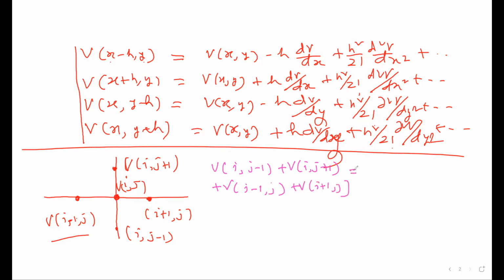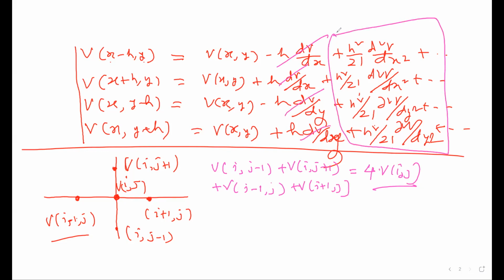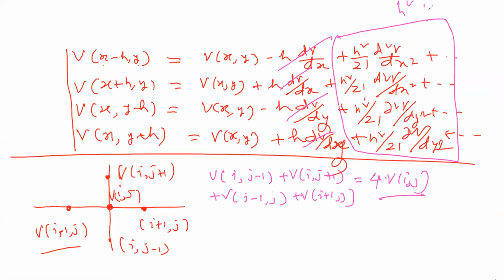That will be equal to what? 4 into Vij, and this term and that term will be cancelled. And all these terms will be grouped together to form h square d2v dx2 plus h square d2v dy2, so this term will simply be h square into d2v dx2 plus d2v dy2.